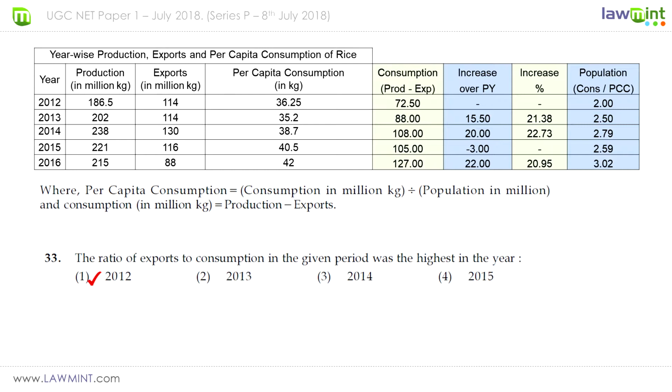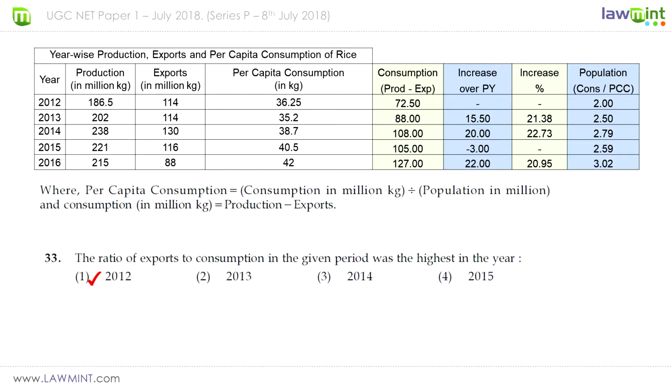Between 2012 and 2013, the exports is the same. It is 114 for both the years. Only the consumption has changed. So here we just need to do the calculation for 2012, because obviously the ratio will be higher for 2012 as compared to 2013.